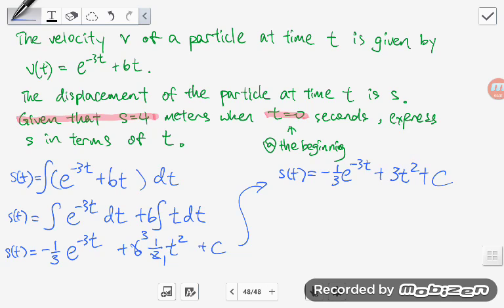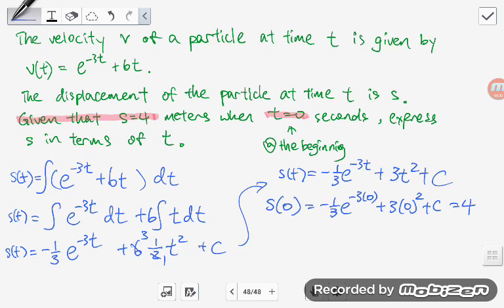But right now, we're only halfway done because there's this highlighted information that we have not used yet. s is equal to 4 when t is equal to 0. So s of 0 equals, all of my t becomes 0 now, plus c, the c is still there, and this is equal to 4.